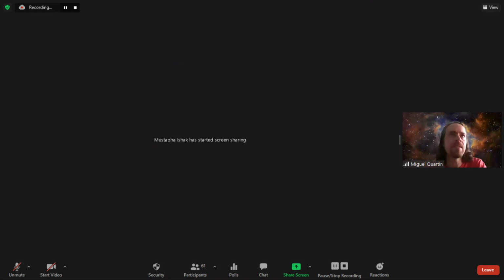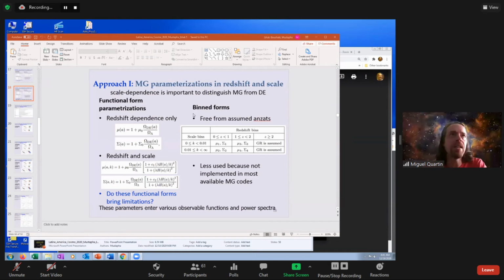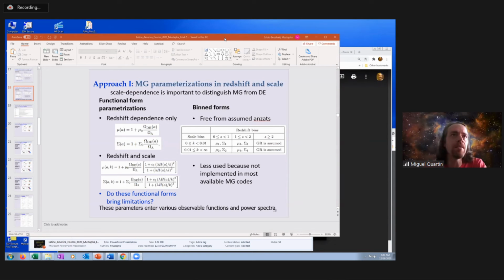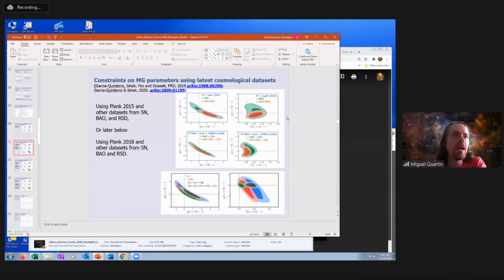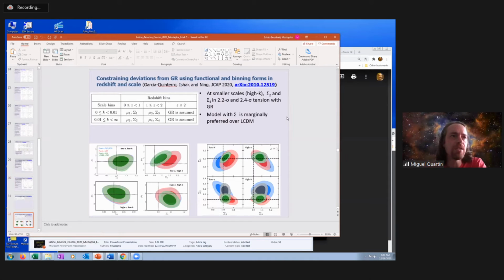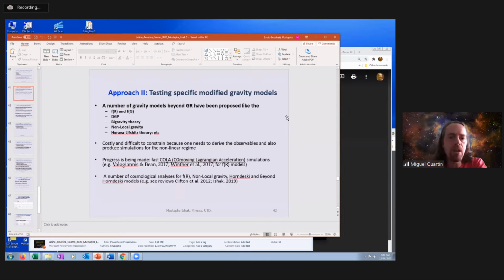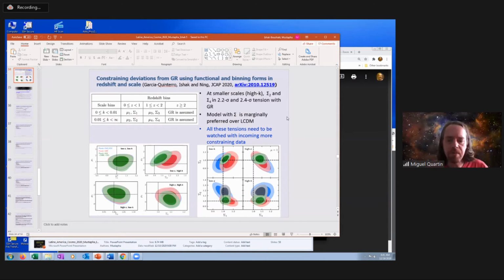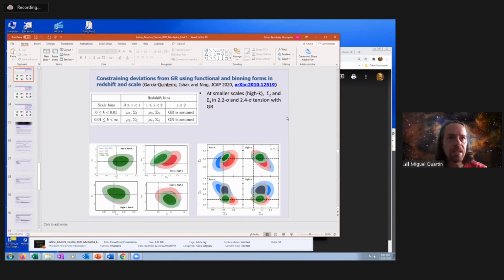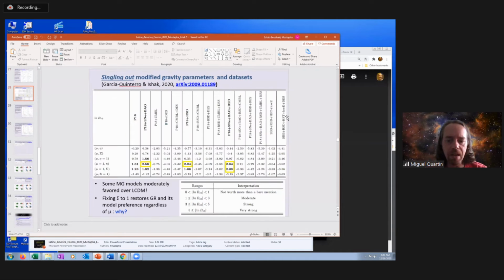For instance, if you go to your slide, I think 28, where you are testing the consistency between different data sets and different cases of mu, eta, and sigma, you show lots of numbers, and you mark in yellow 4 numbers there.